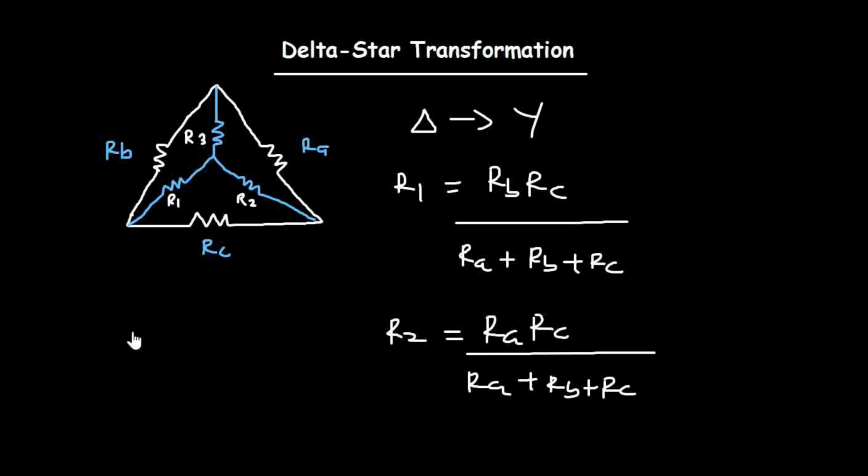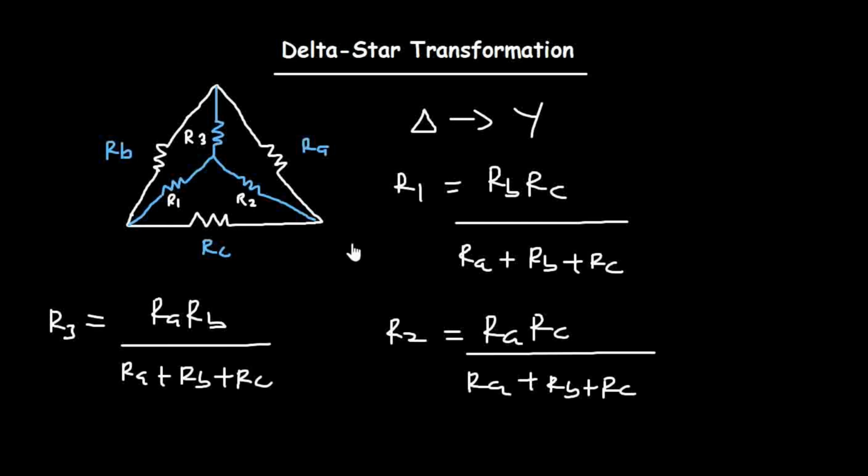Then we do the same for the third resistor in the star network, R3. We multiply RA and RB, so RA times RB, divided by the total, RA plus RB plus RC.